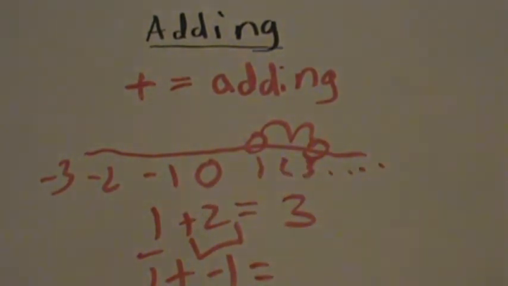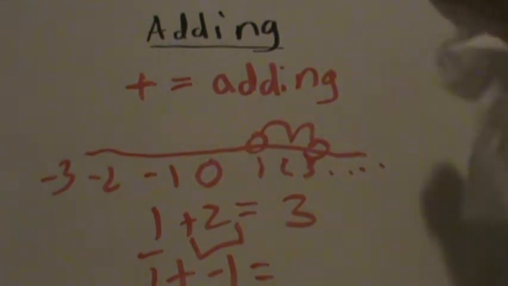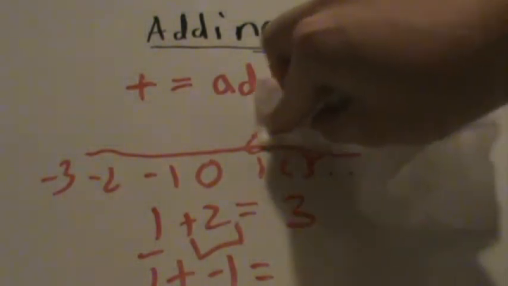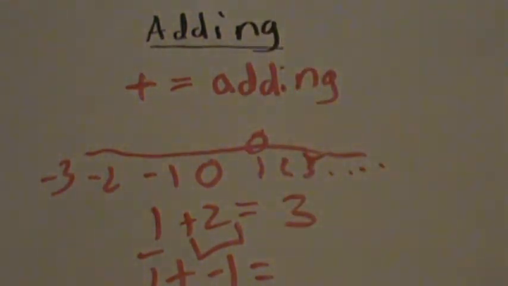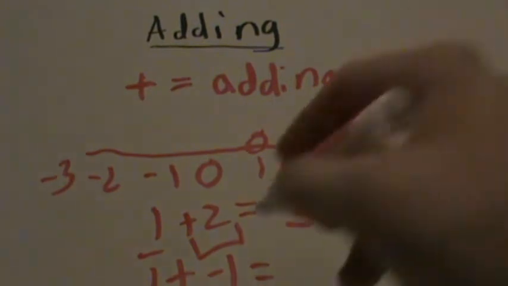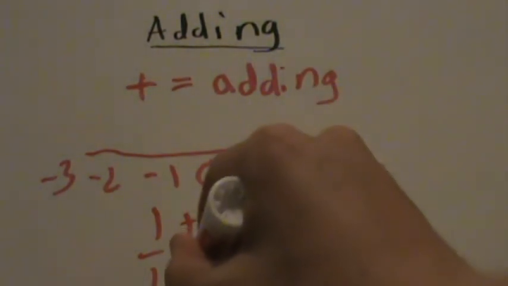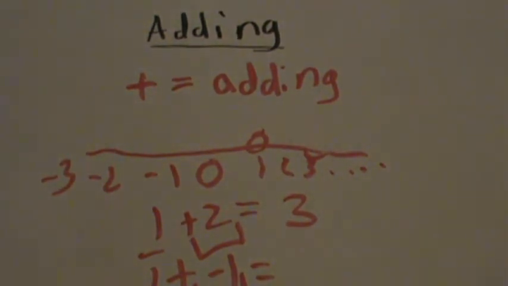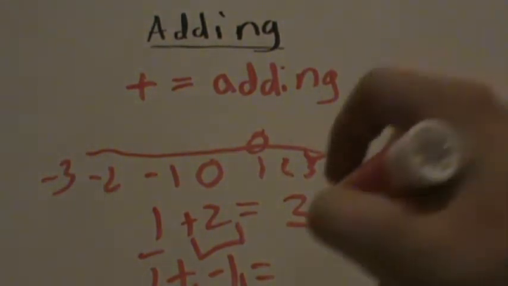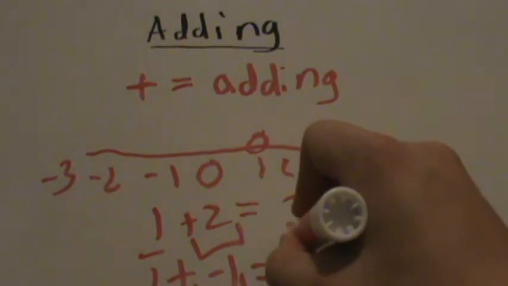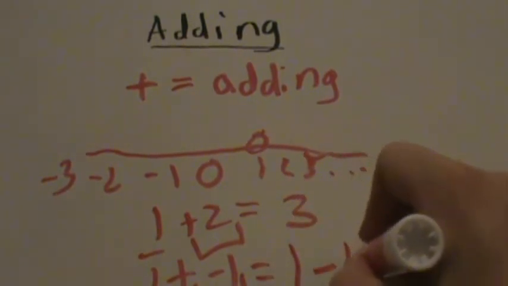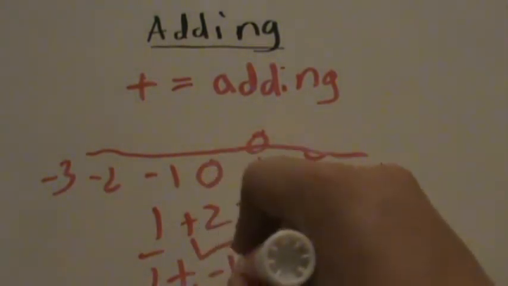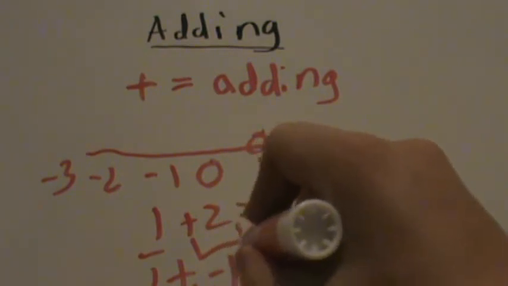Now, this is different because we're adding a -1, and this will come in the subtraction video, but this is equivalent to 1 minus 1, because of this negative sign here.